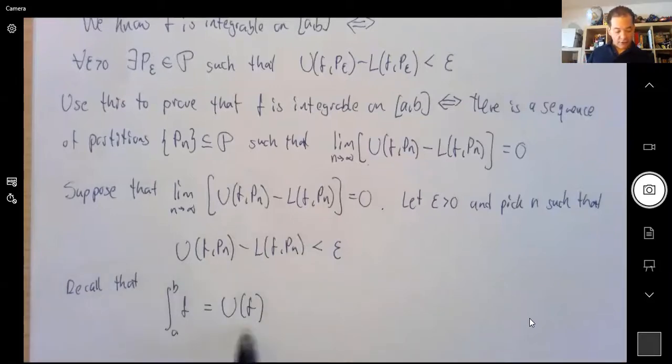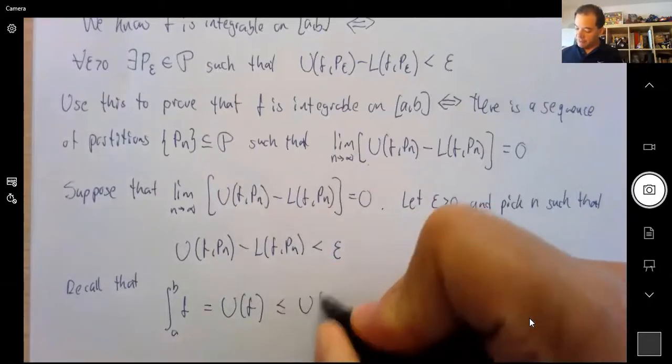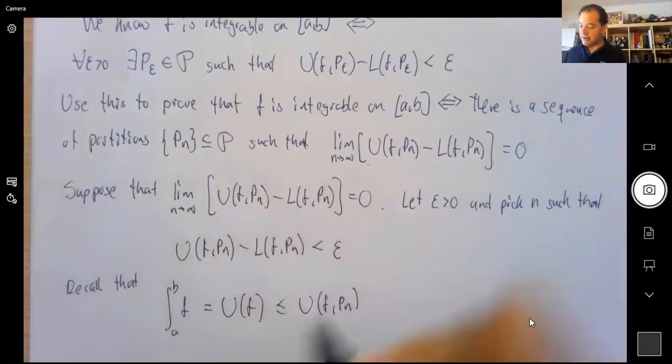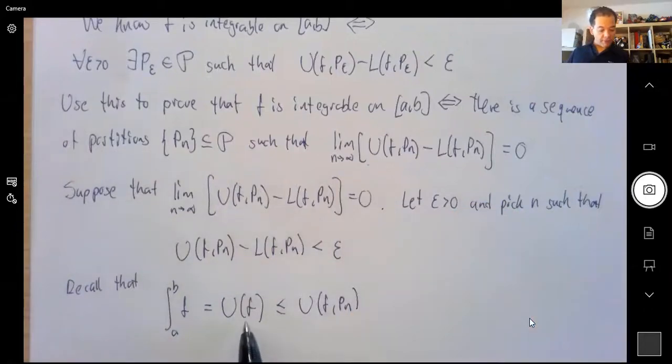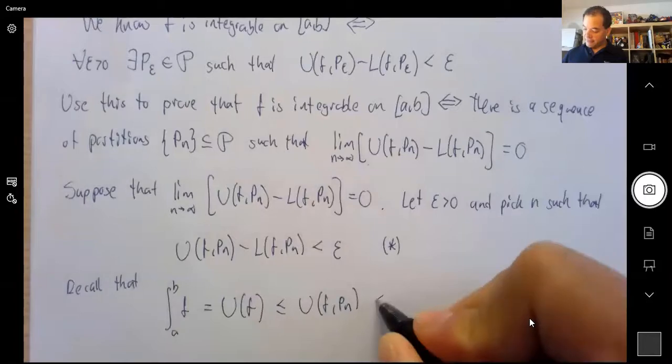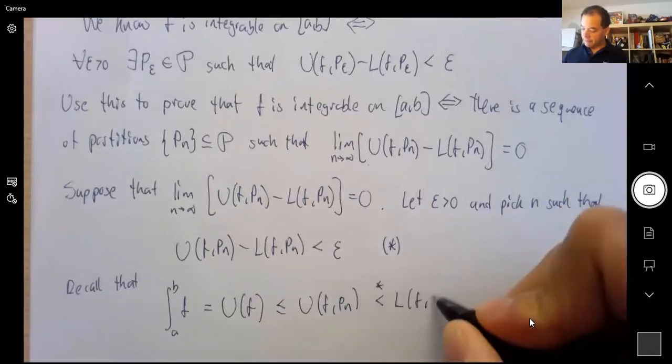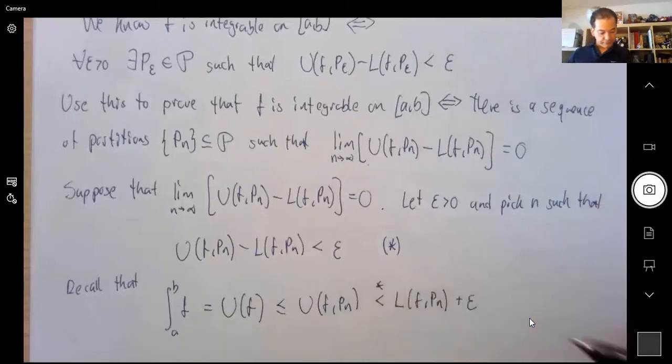So in particular, it's a lower bound for all the upper sums. So this is less than or equal to U of f, P_n for sure, because this is the infimum. So it's a lower bound. And then because of this inequality on the top, so let me call this one star, by star, this is in fact less than the L plus epsilon, right?